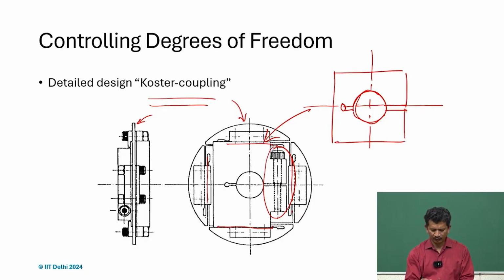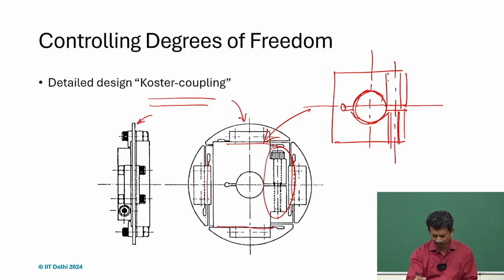With the clearance we can slide it very easily. What is important to note is we can have a threaded hole here and a clearance hole there, and then we can put the screw here and tighten it.